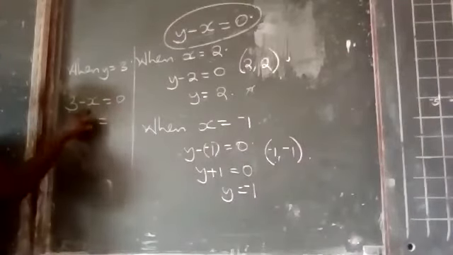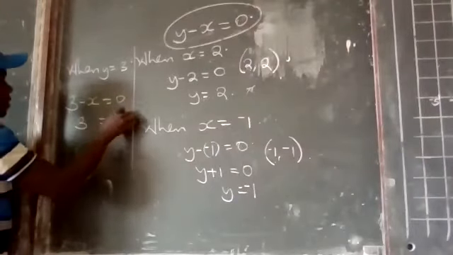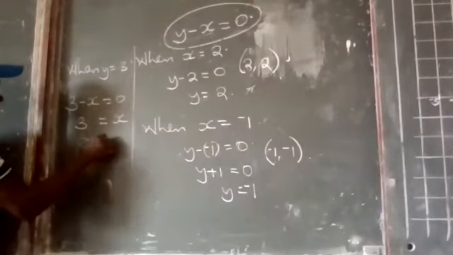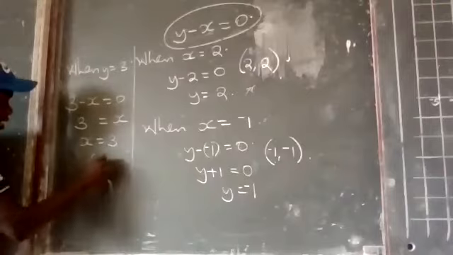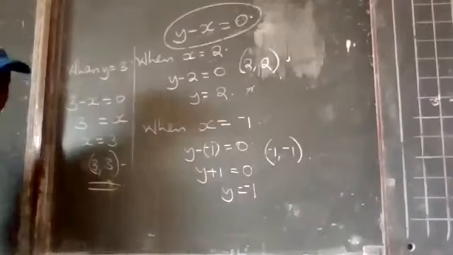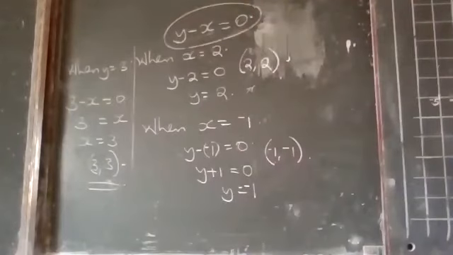I want to take this negative x to the other side. So 3 is equal to x, and then x is equal to 3. So the point here will be 3, 3.